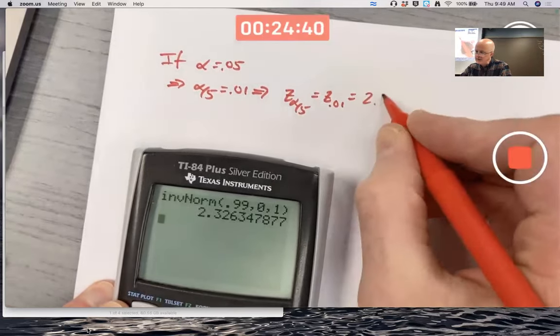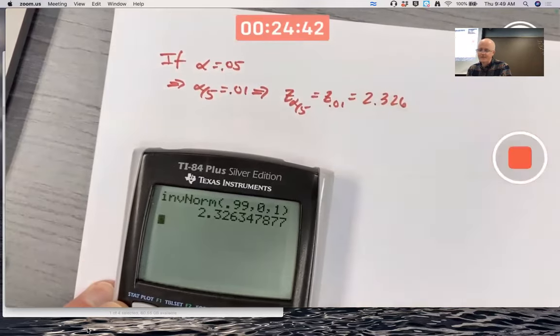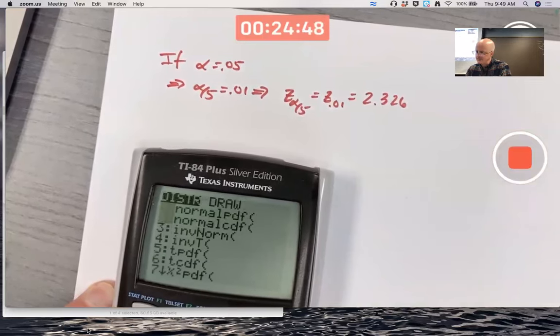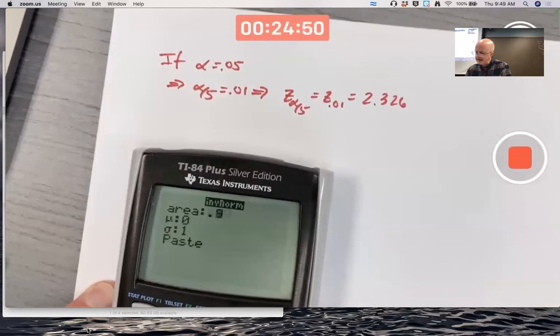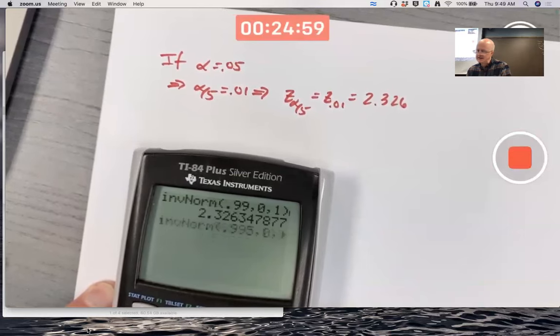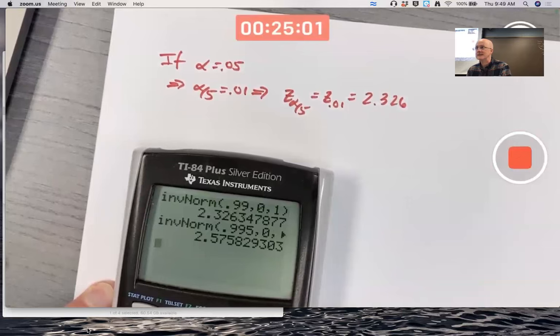About 2.326. You're a little more used to 99% confidence intervals having a 0.995 there. Alpha over 2 would be 0.005. You're a little more used to this number, 2.576, when you do 99% confidence intervals.